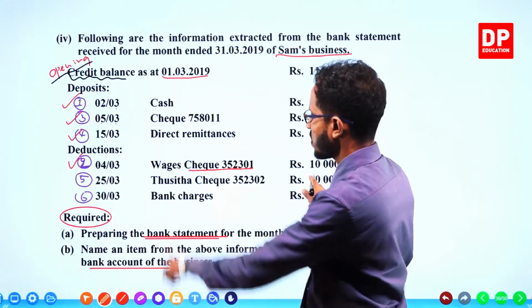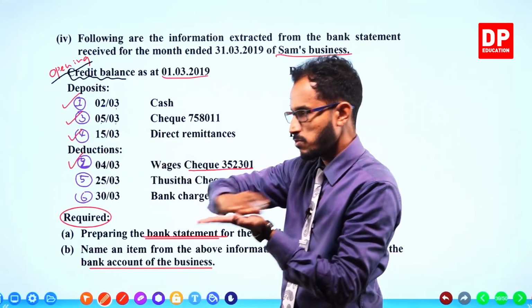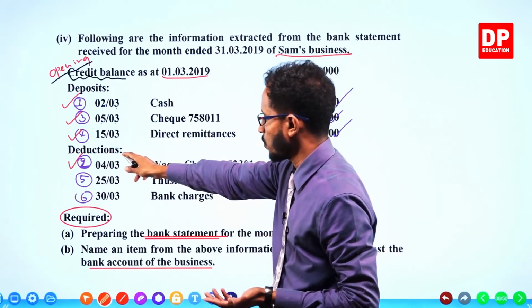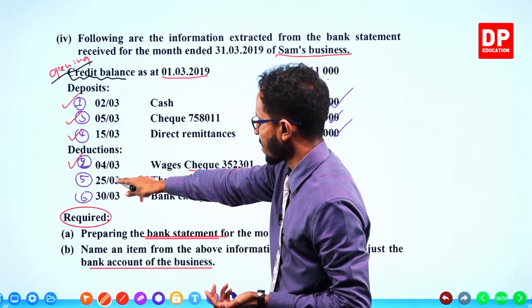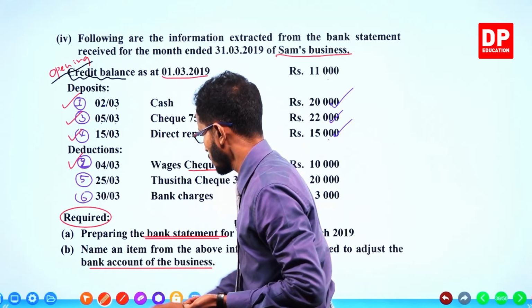The 5th is here. Tusita check. It's a deduction. It's a withdrawal. We have issued a check to Tusita and he has taken money. So let's use red color for that.